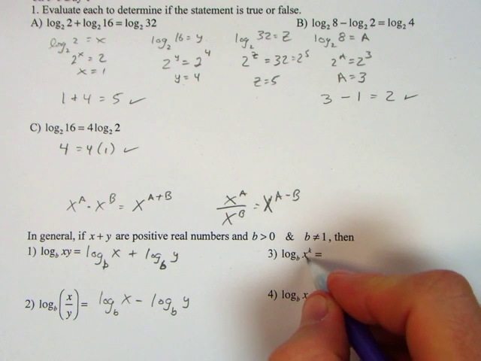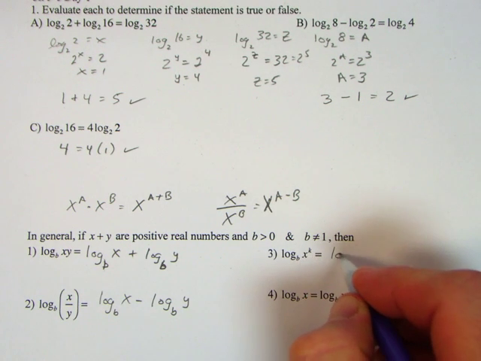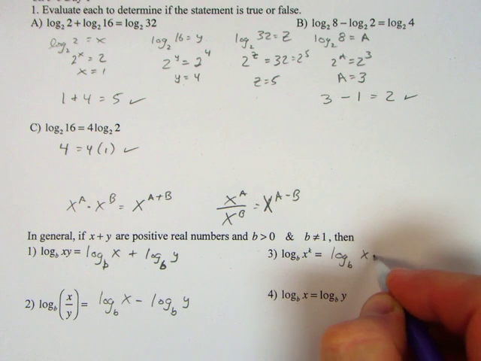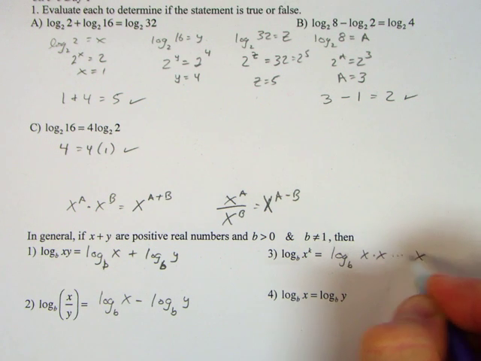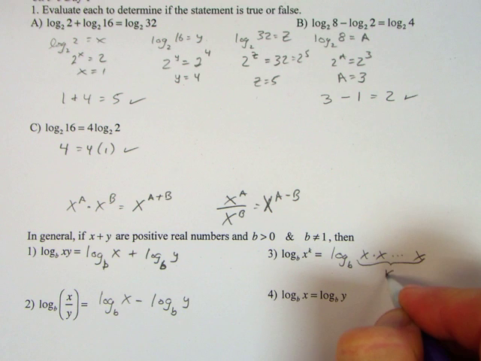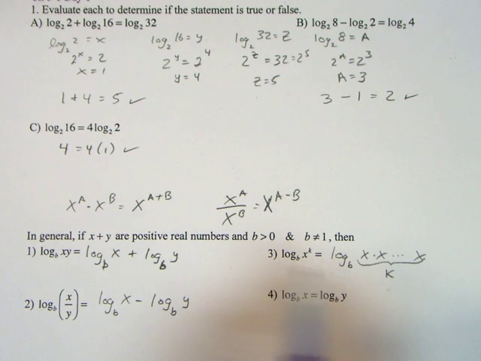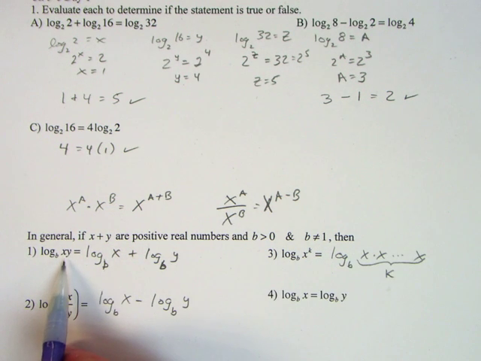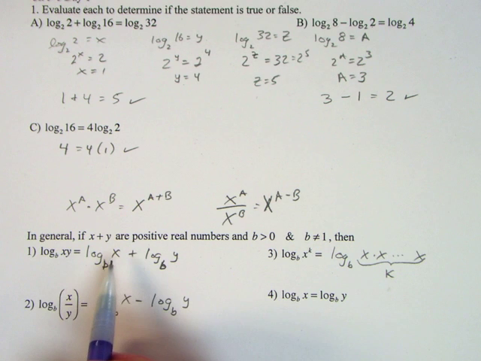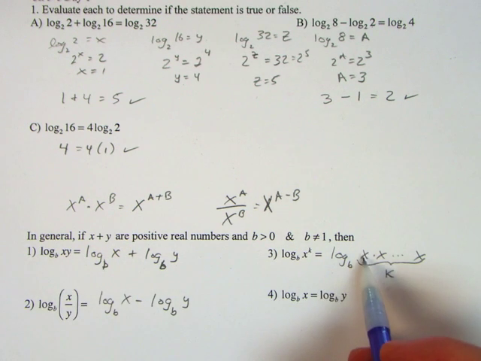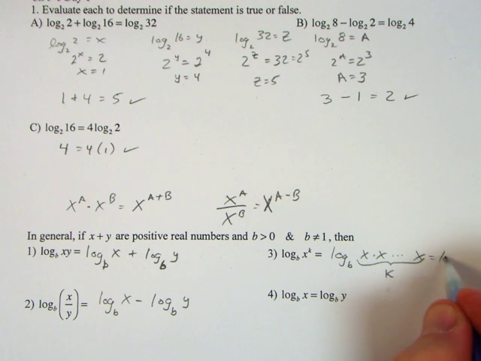If I have log base b of x to the k, what that means is log base b of x times x. How many x's are we multiplying there? We have k of them. So that's basically the same as this rule, applied multiple times. So we'll have log base b of x plus log base b of x plus log base b of x.